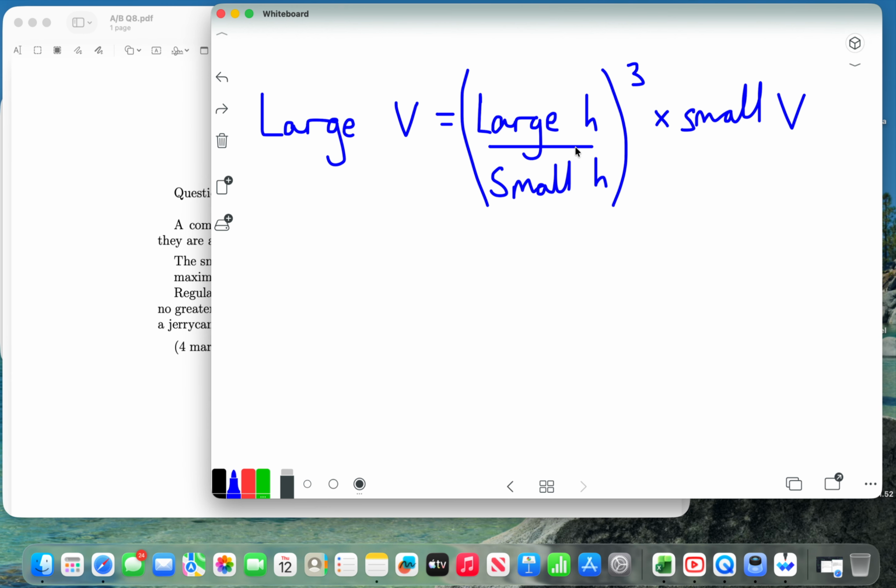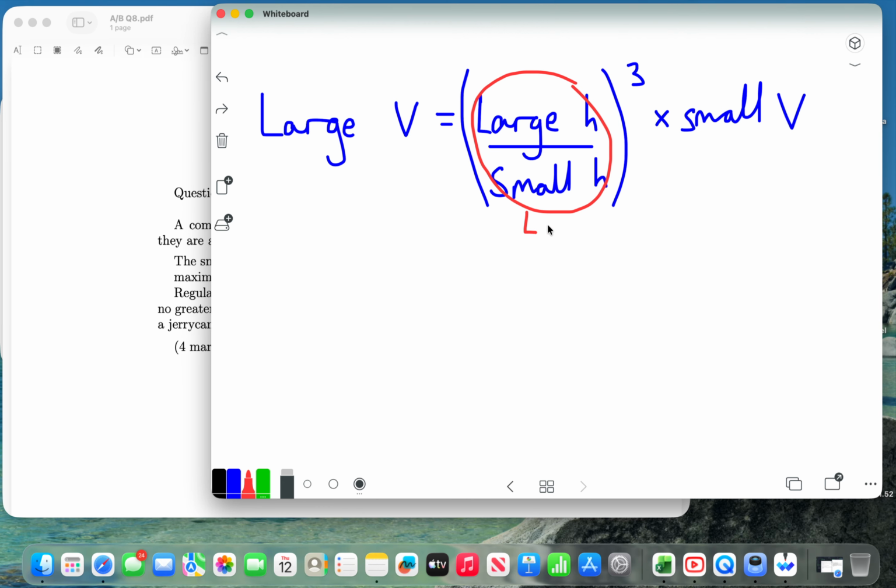So this here is the linear scale factor. But we have to cube this because we're dealing with mathematical similarity in 3 dimensions. We're dealing with volume, so we have to cube it, then we get the volume scale factor.